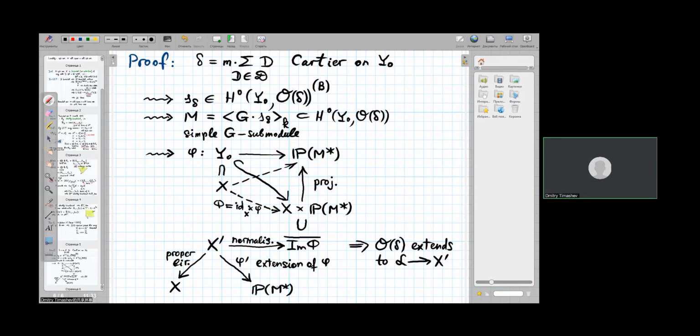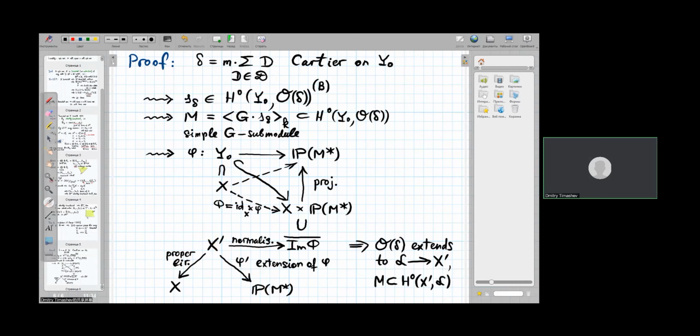And the space of sections M, this G submodule, can be viewed as a subspace of sections of this extended line bundle. So M is contained in the space of sections of the extended line bundle, not over Y naught, but over the whole X prime. Because we have a regular map from here to here, and this means that the sections from M are regular over X prime.